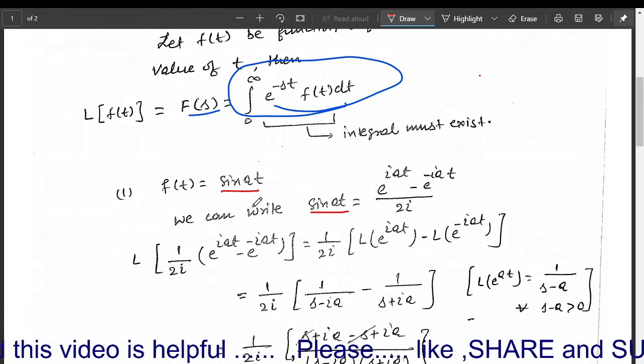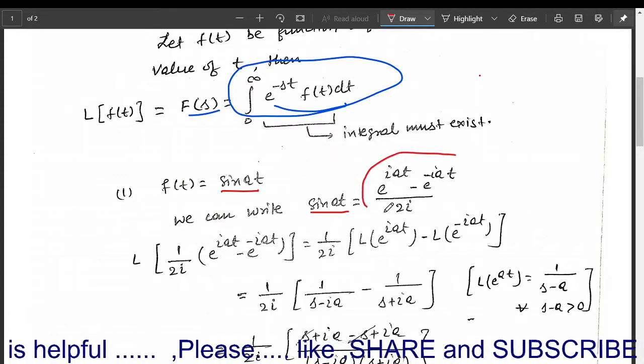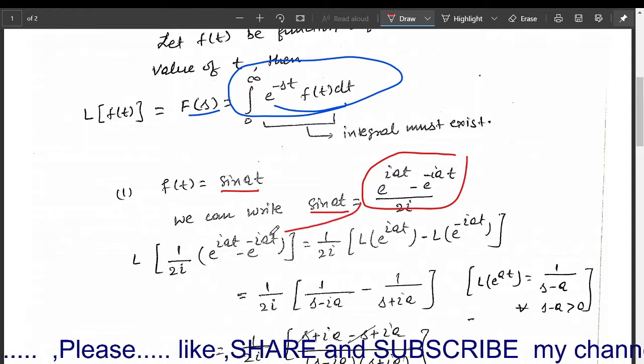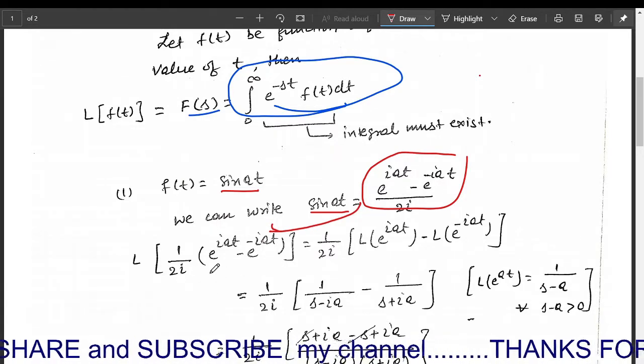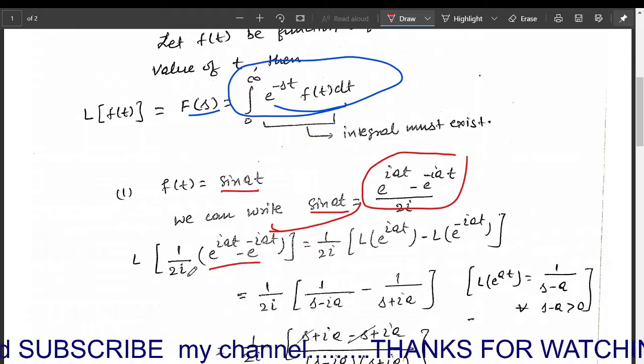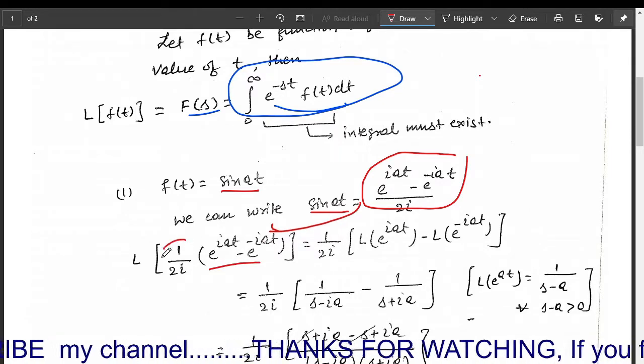Just put this value in; the 1 upon 2i is a constant term.